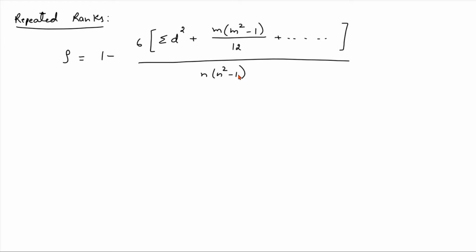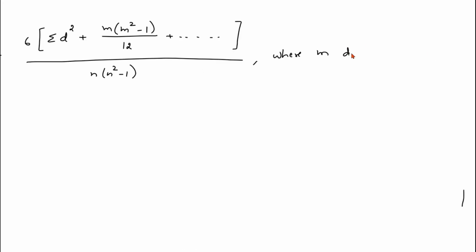Actually, m denotes the number of times a magnitude is repeated.